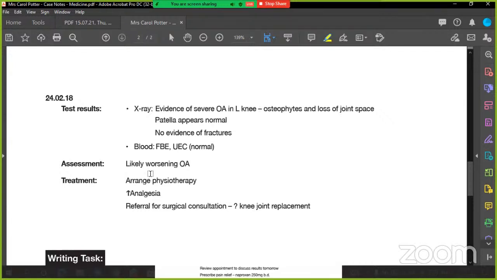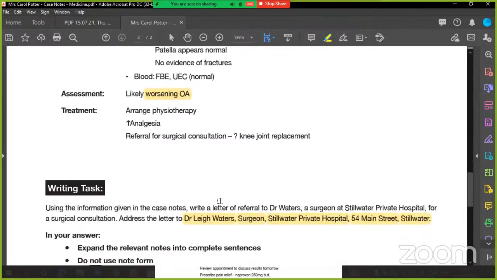Osteophytes. Worsening osteoarthritis. So that is the problem. So you are writing for a surgical consultation. This is the purpose of the letter.